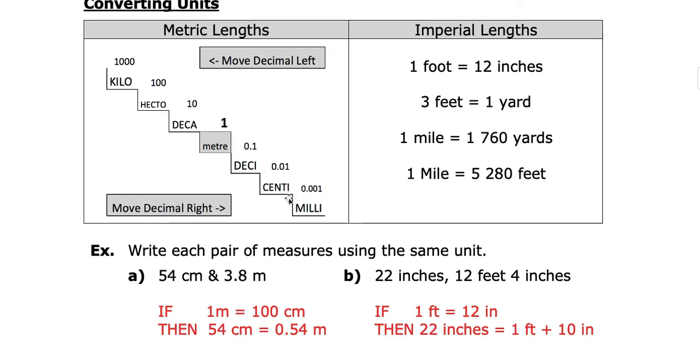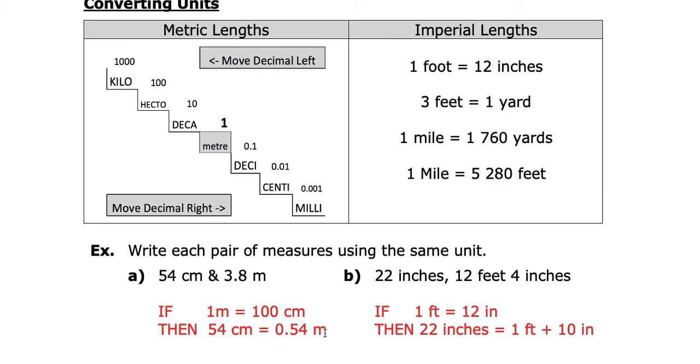If we have centimeters located here, and we are moving to meters, we move 2 spaces to the left. So similarly, with this centimeter unit that we're converting, move that decimal 2 units to the left. So the answer is 0.54. This is the same as dividing by 100.